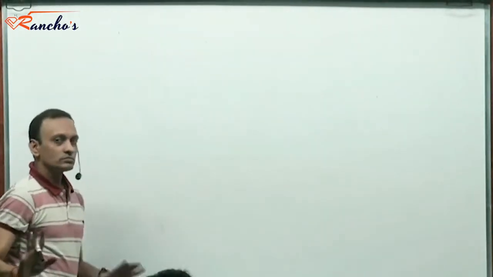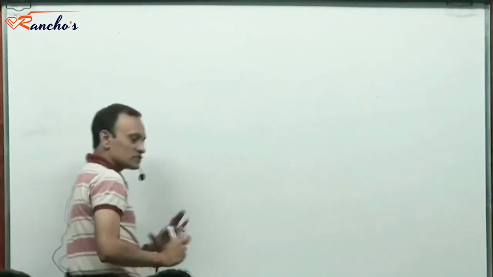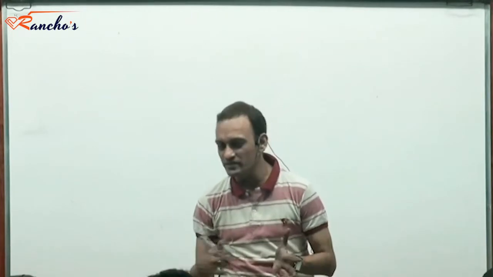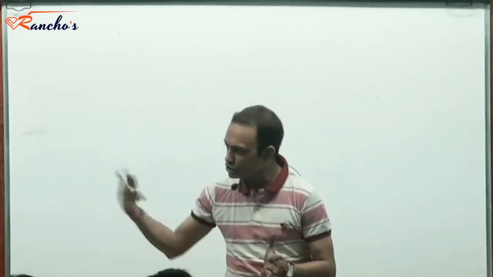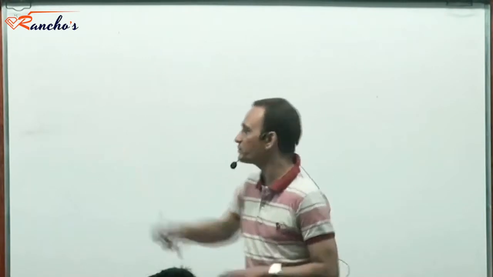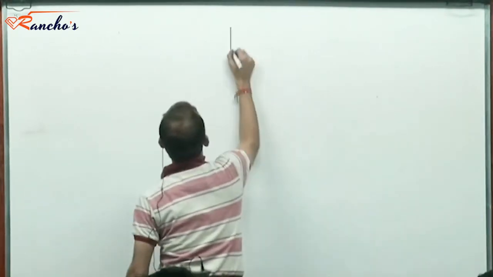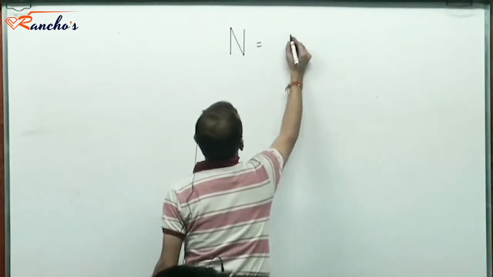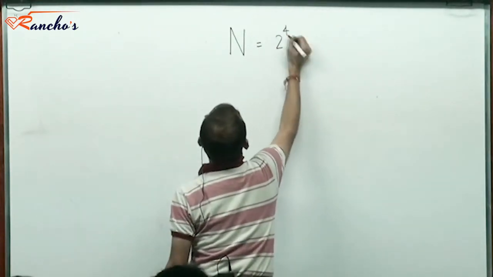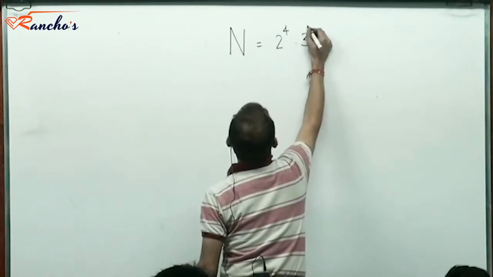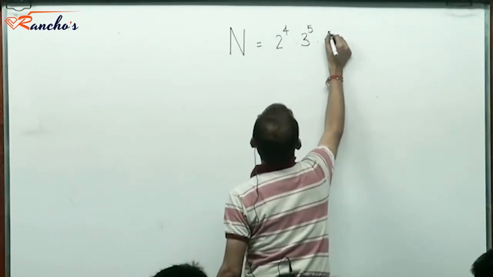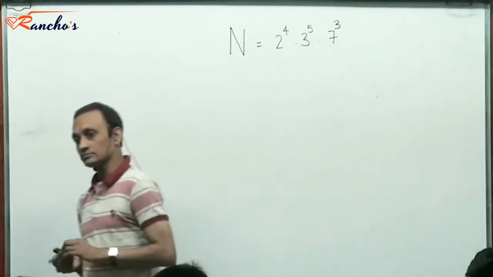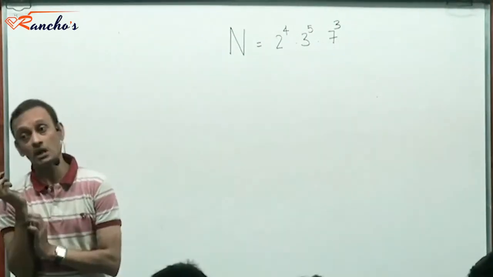Now, some simple things. First of all, given a number n, you are potentially capable of representing it as a product of powers of primes, right? Say I have a number n which turns out to be, say, 2 to the power 4, 3 to the power 5, 7 cubed, suppose. This is a certain number, say.